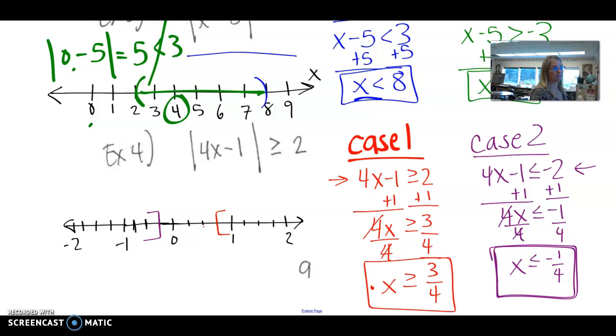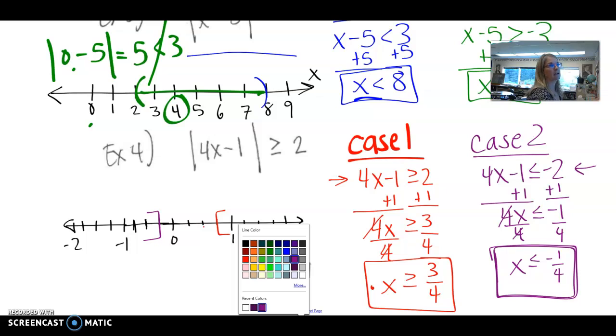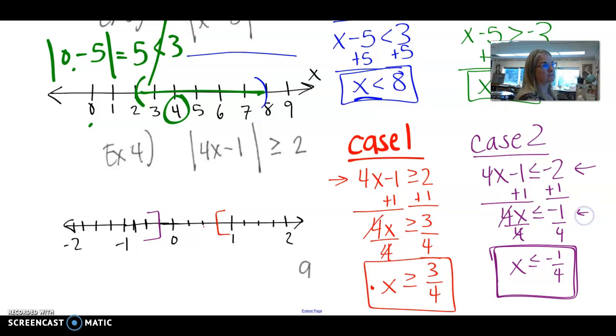You don't do anything with that inequality sign, but remember, if you do have to multiply or divide by a negative, you do want to switch the direction. And then the other case over here, I added 1 to -2, and I get -1. Divided by 4, I get -1/4. So that's how we did that one.